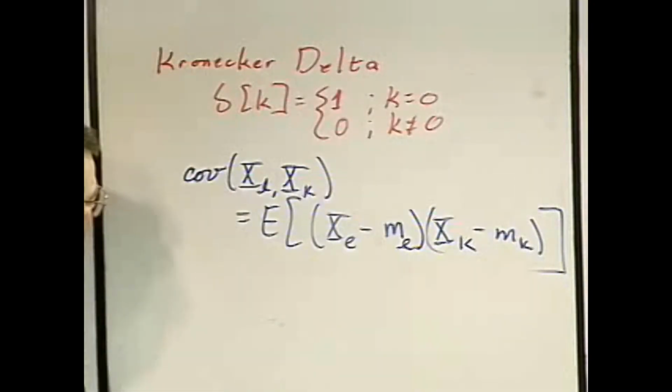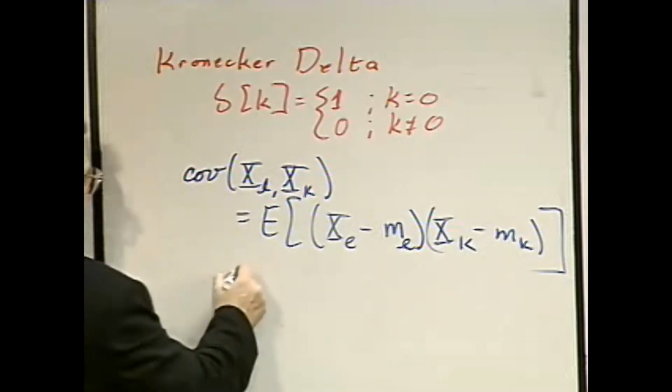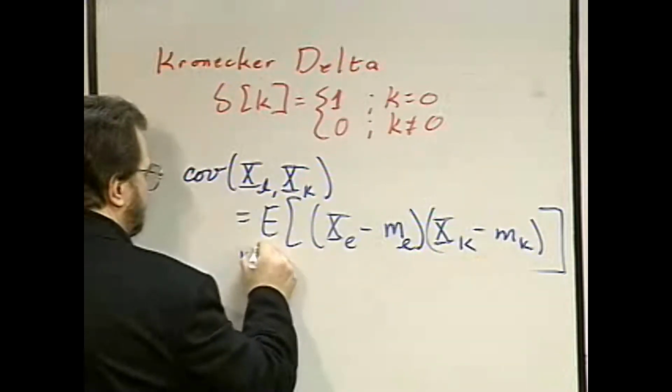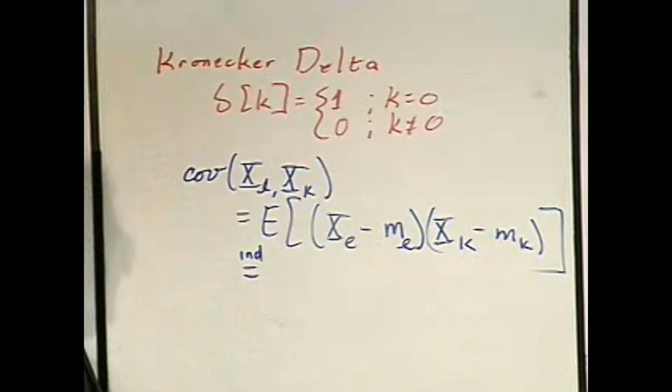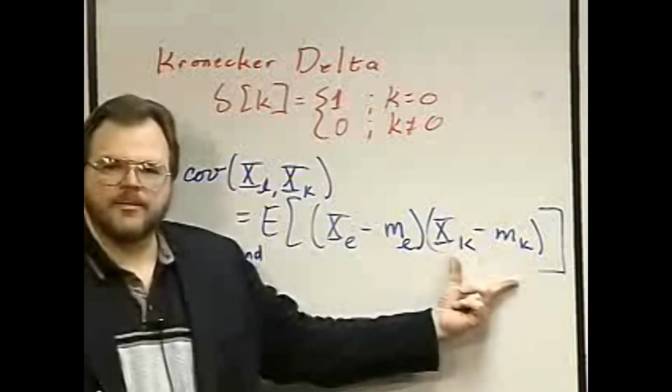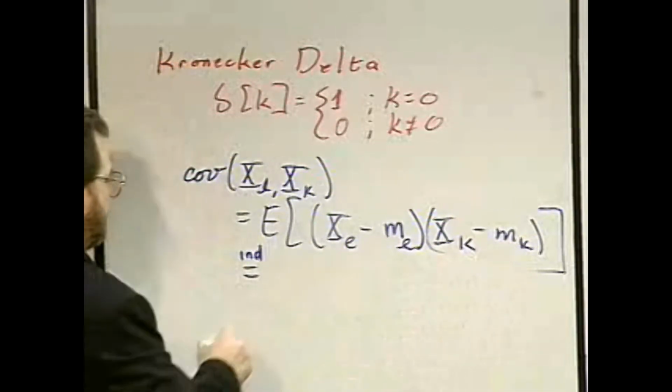That's equal to the covariance in general. Are we assuming IID? Yes, this is just independent. If the random variables are independent, what do we know about these expectations? We can break them up into the product of the expectations.